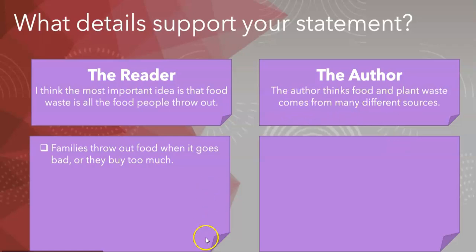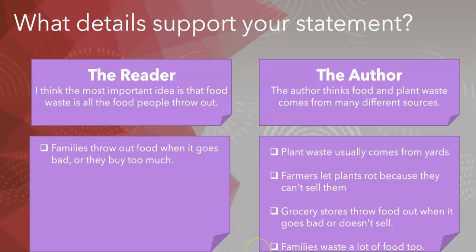I'm going to go to the author. The author thinks food and plant waste comes from many different sources. And I'm going to look for details, remembering details are specific statements that help support that. So I found that all of these four support that. I found that plant waste usually comes from yards. That's a unique source.